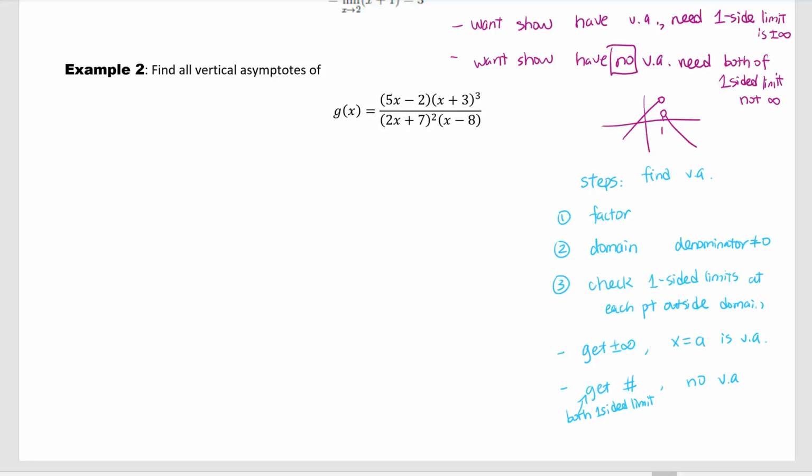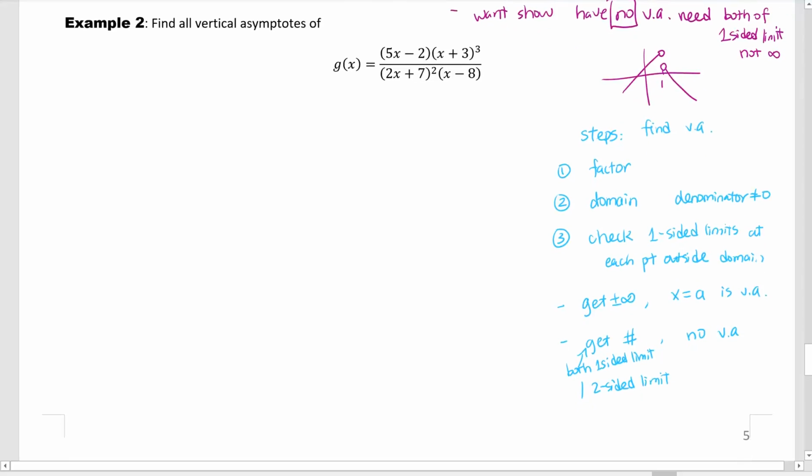For many cases, if we don't have a piecewise function, then both one-sided limits are actually the two-sided limit, so you can check the two-sided limit. If they have the same expression, like this problem is not piecewise, we have the same expression, then it's enough to check a two-sided limit.